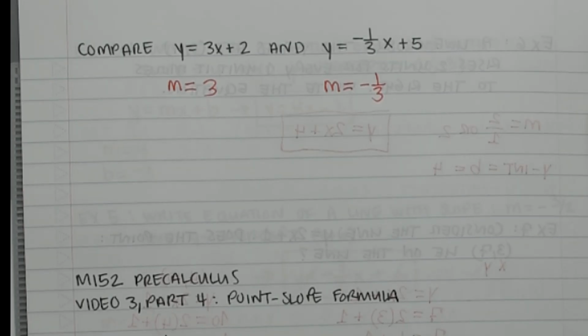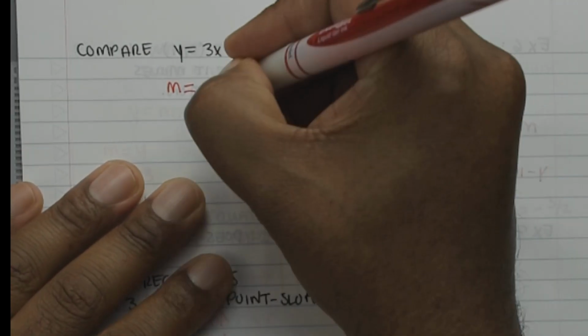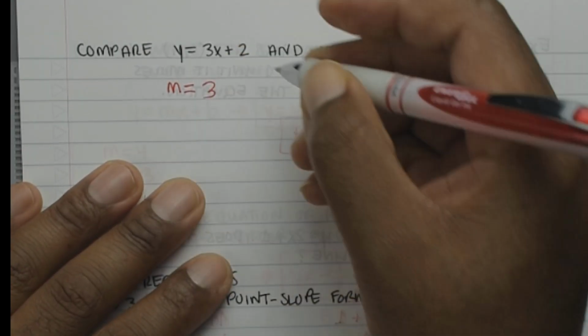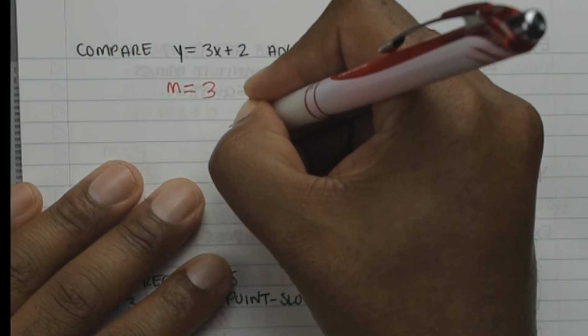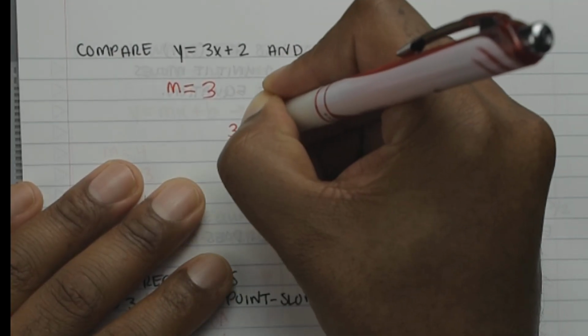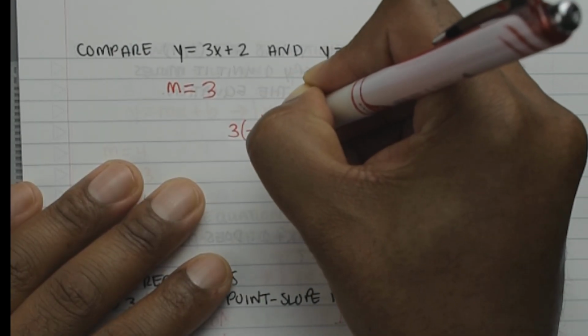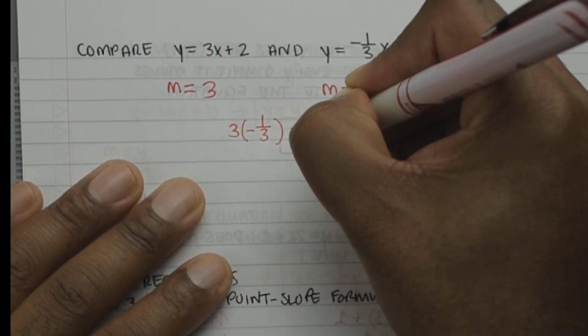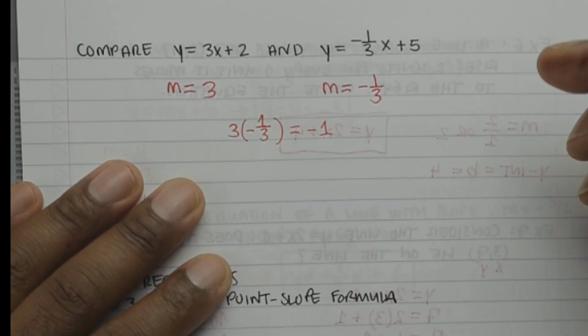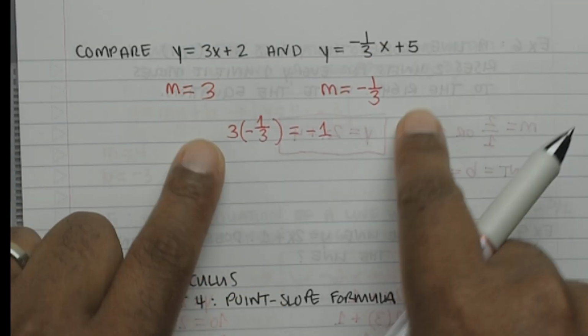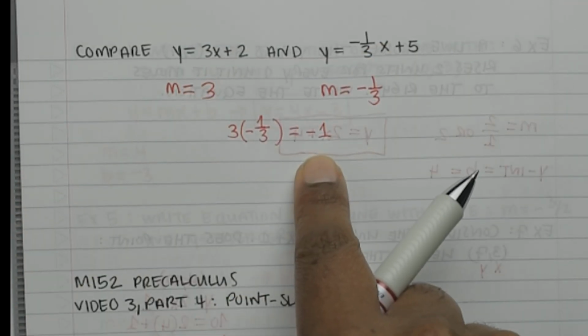Their product, 3 times negative 1/3, is negative 1.